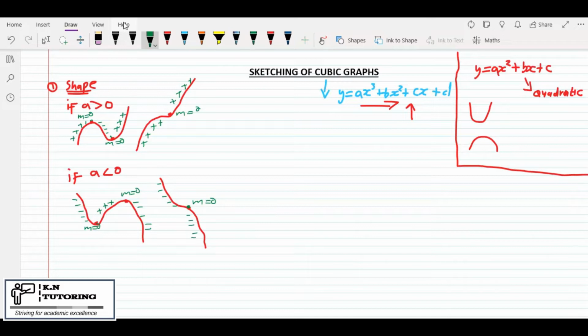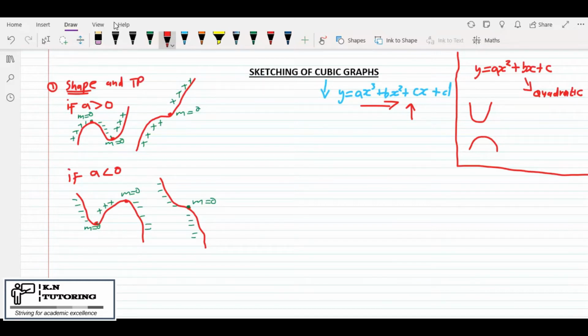So that is the first parameter that we need to look at when sketching cubic graphs. But I've realized that there is another important parameter that we need to look at, so I will just mention it here.